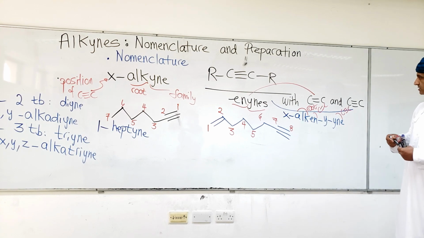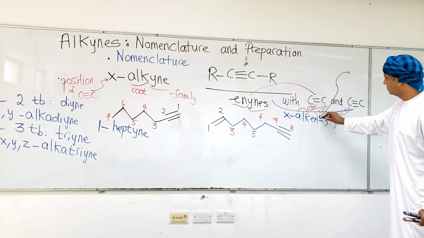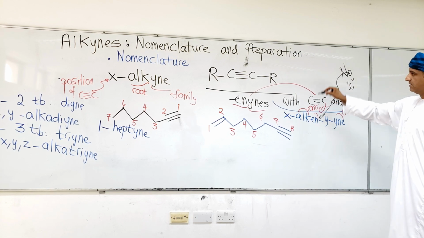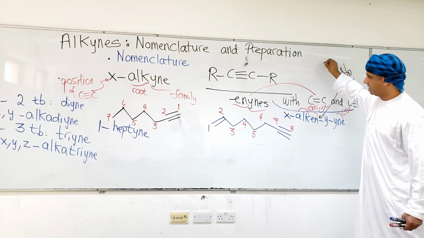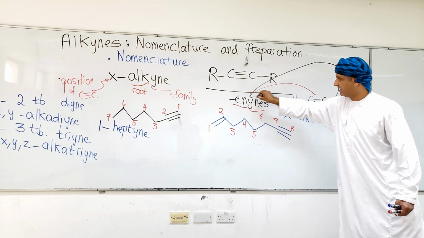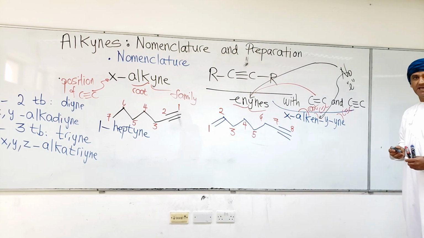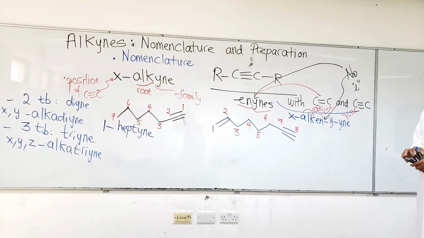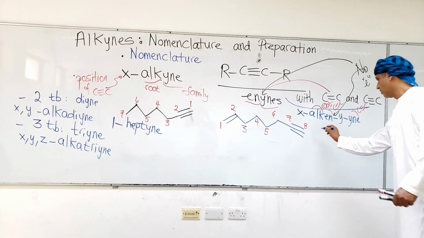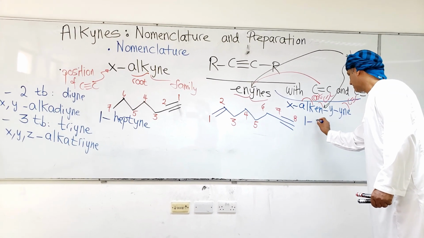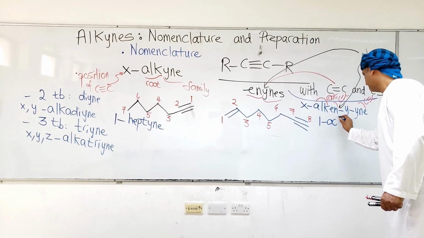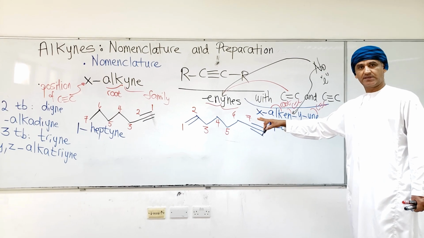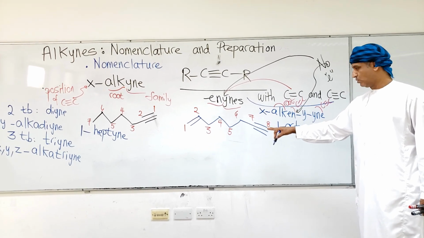And if you notice again, there is no e here. This is very important. There is no e after n, because it's not yet the end of the name. So the name of this compound is then 1-oct-ene-7-yne. 1 means that the alkene, or the carbon-carbon double bond, is at position number 1.